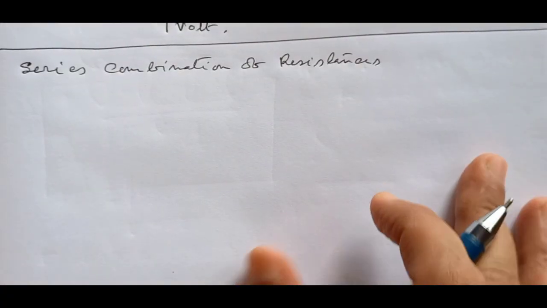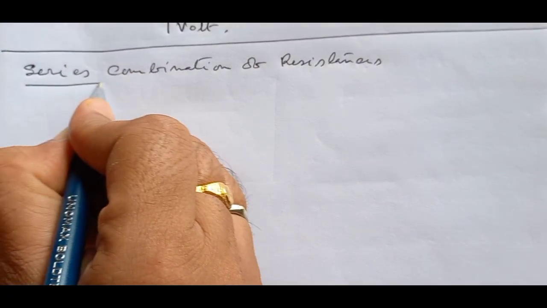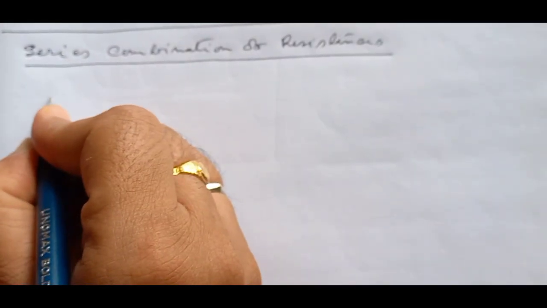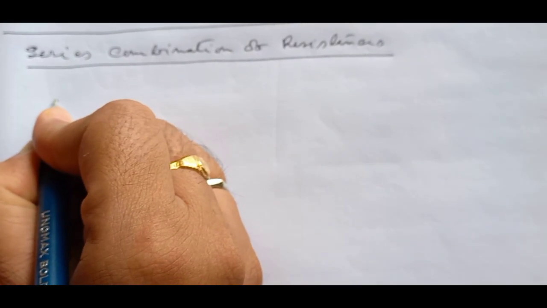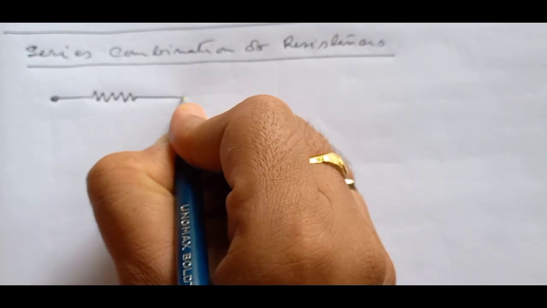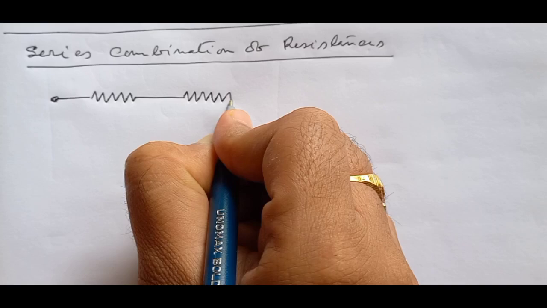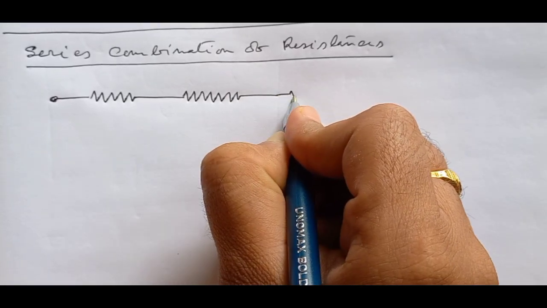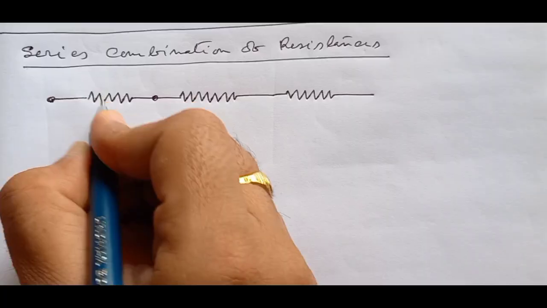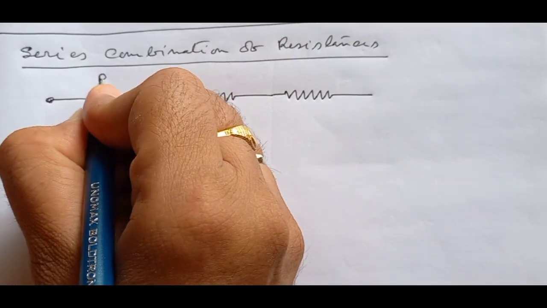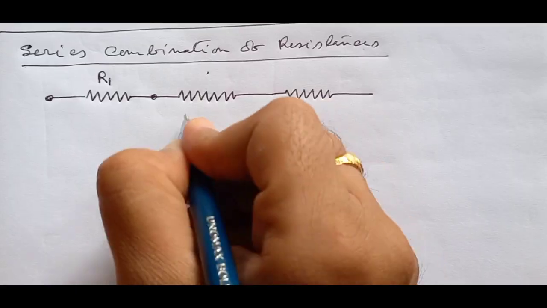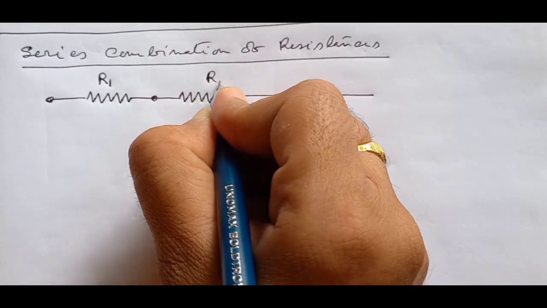Now series combination of resistances. Suppose there are 3 resistors, of resistance R1. This resistor has resistance R2.